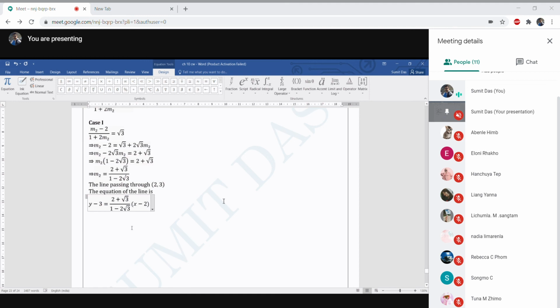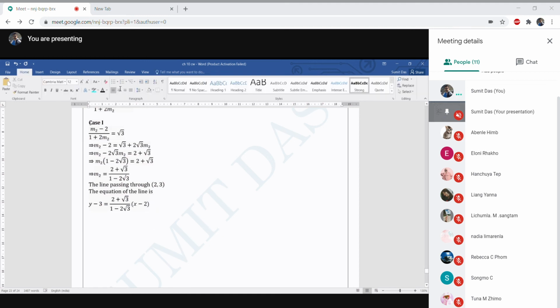In this question you don't need to do the simplification. You can leave the equation like this.